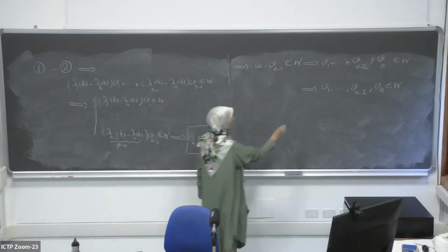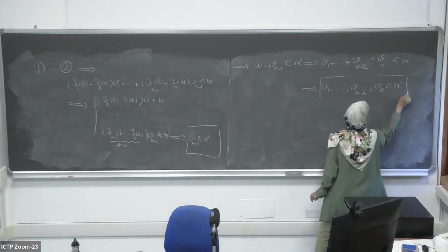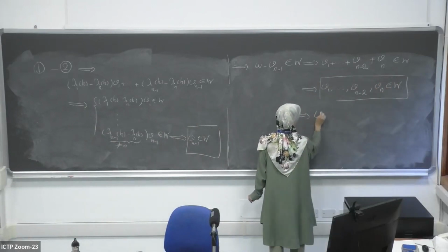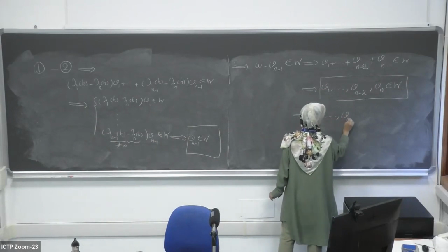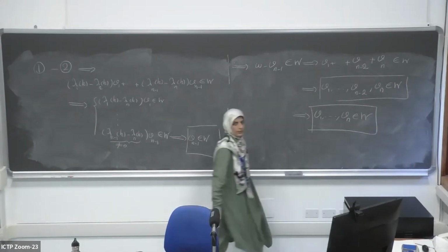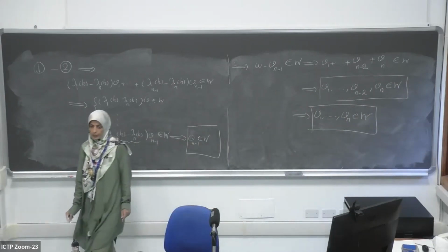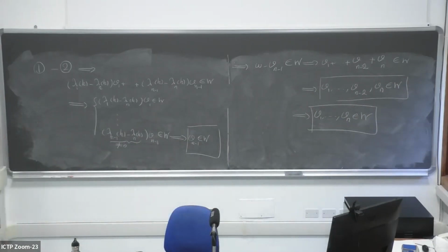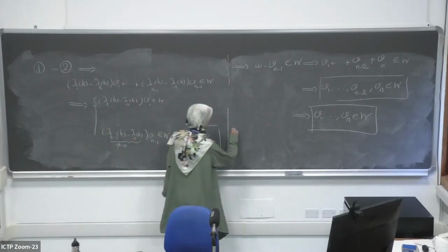So we have V1 up to Vn are elements of W, and it is something that we wanted to get. And our proof is complete.